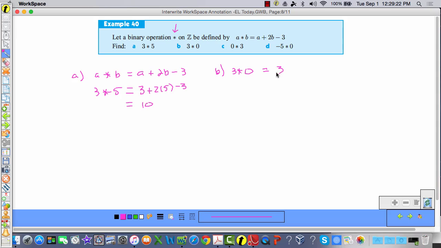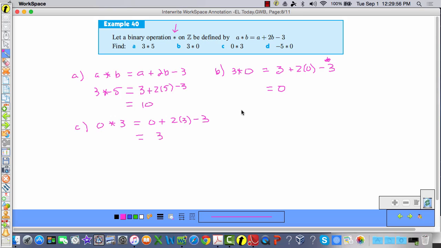So B, 3 star 0, the temptation might be to say, hey, it's equal to 0. No, it's equal to 3. Actually, it is going to be 0. Isn't there egg on my face? 3 plus 2 times 0 minus 3. It only ends up being 0 just because of this minus 3. It's not going to be the case all the time. So that is equal to 0. As you'll see here for C, 0 star 3, well, that is equal to 0 plus 2 times 3 minus 3, which I believe is equal to 3.